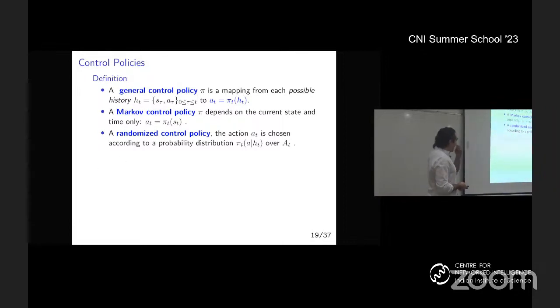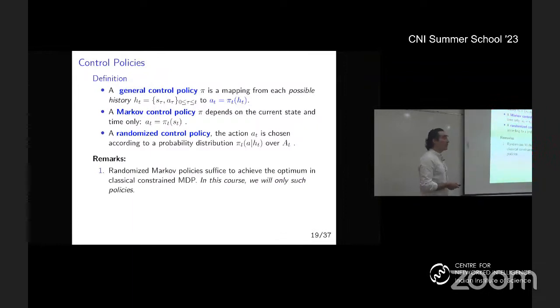So one point is, why Markov? A practical reason is just the simplicity of the type of policies that you can use, right? Because you know that you cannot do it based on history. So the next thing to do is to just depend on the state.